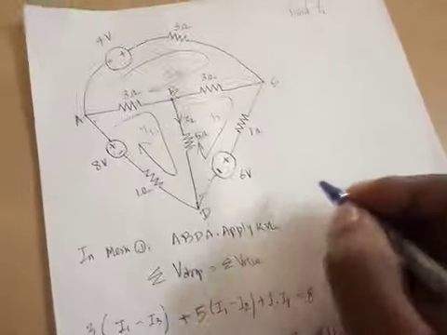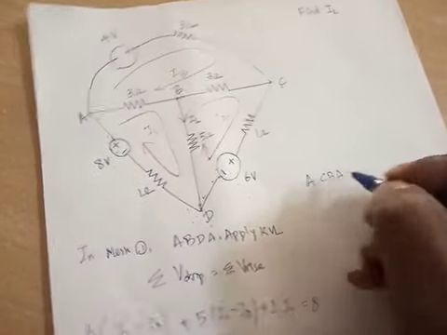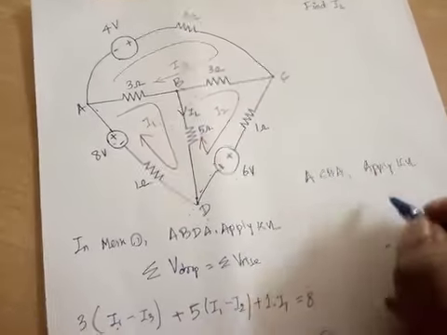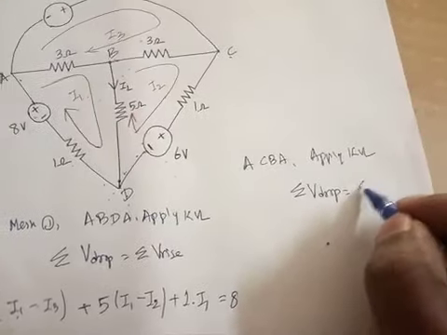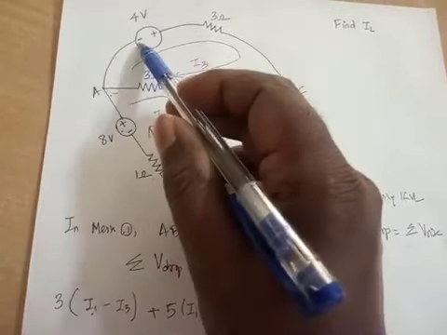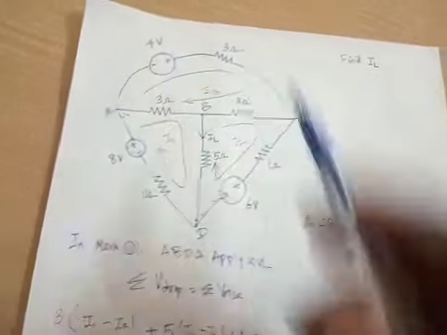The sum of potential drops equals the sum of potential rises. A to C, the current flows from negative to positive, which means a potential rise.